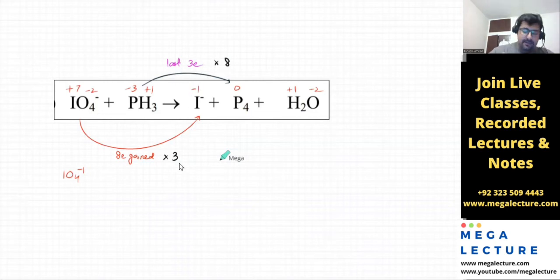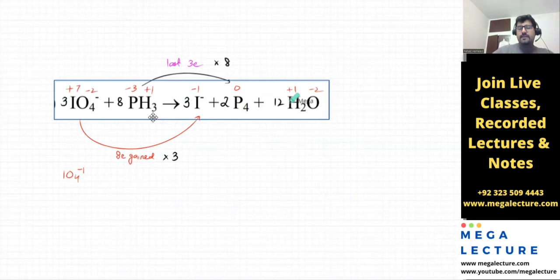So 3 iodines, so this over here should be 3, and 3 iodines on the other side as well. And I should have 8 phosphoruses, so 8 PH3s and 8. So I just need to multiply this by 2, right, to make it 8. So this is balanced, and I just need to balance the water now. How many hydrogens? That's 8 into 3, 24, 8. So that's going to be 12.